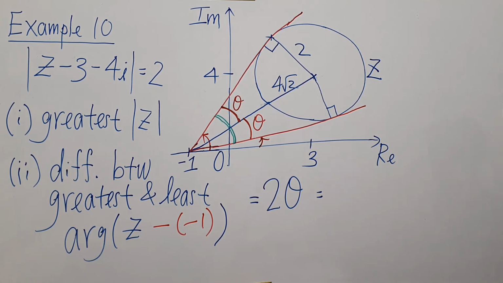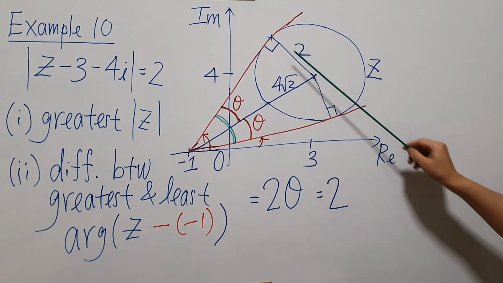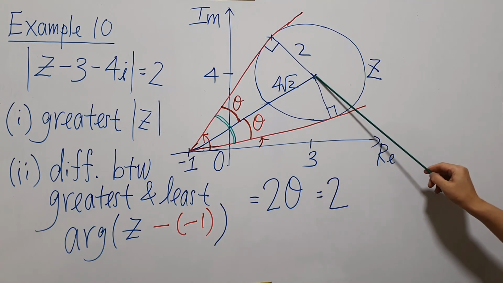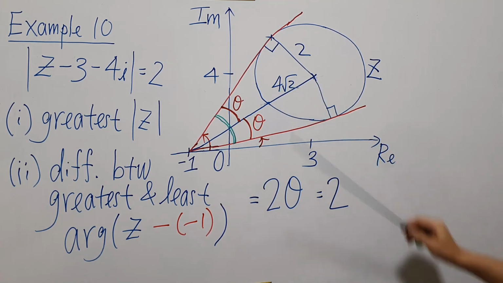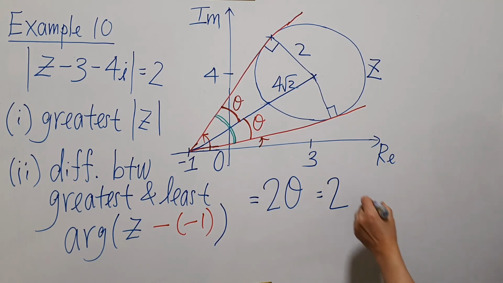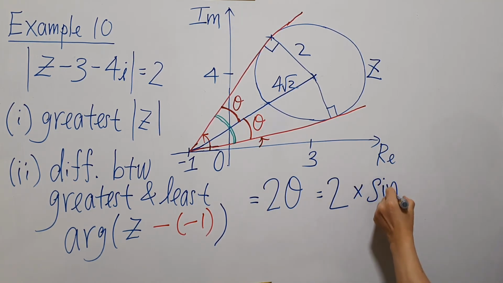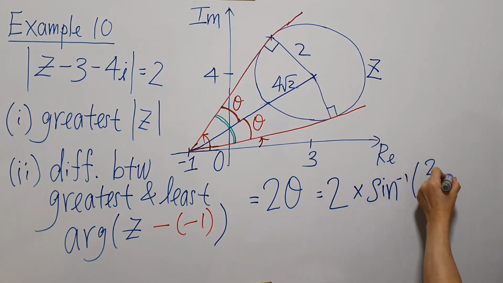And how do you find theta? If you look carefully, because this distance is 2, and this distance, which is the hypotenuse, is 4 root 2, you find that theta is sine inverse of 2 over 4 square root 2. So you can use a calculator to press this number for the angle.